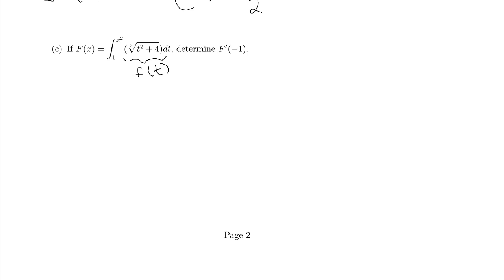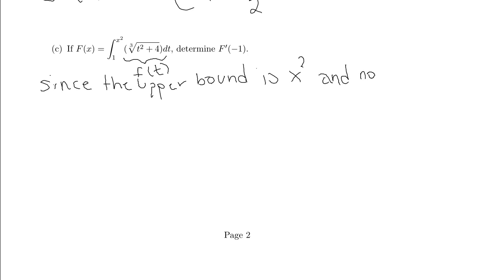So I'm going to say since the upper bound is an x squared and not x, we need to apply the chain rule.